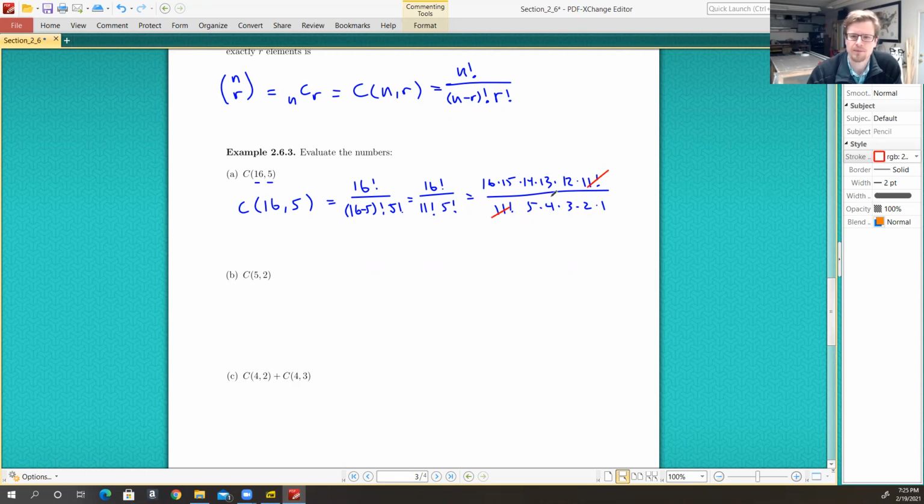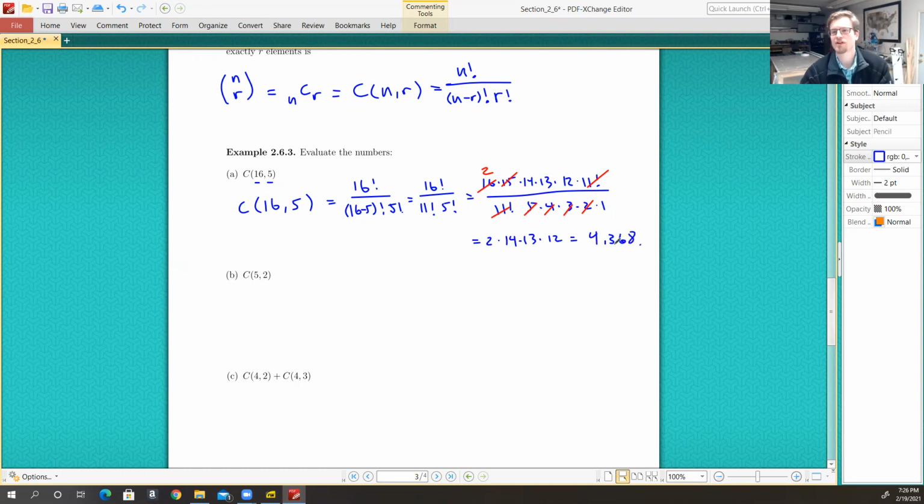Let's see here, 5 times 3 is 15, and 4 times 2 is 8. 16 divided by 8 is 2. So this gives me 2 times 14 times 13 times 12. For a grand total of 4,368.